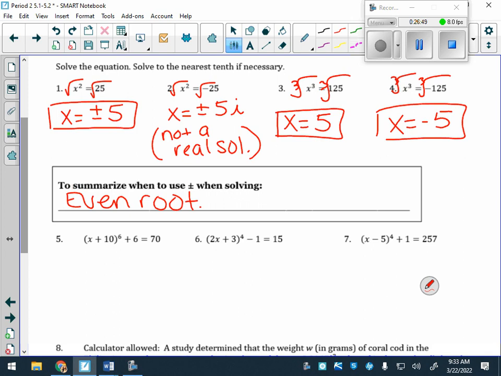When you are solving an even root, you will then include plus or minus. If you're taking an odd root of a positive number, you will get a positive answer. If you're taking an odd root of a negative number, you will get a negative answer, okay? So even root's the only time when you're going to have plus or minus.